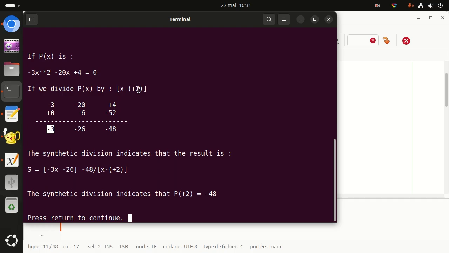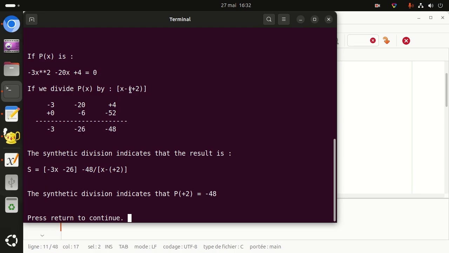Now k equals 2. I compute. I multiply minus 3 by 2, this gives minus 6. Now I add minus 20 plus minus 6, this gives minus 26.